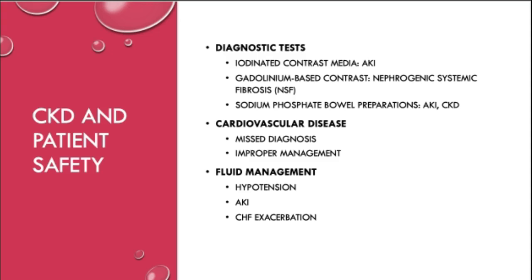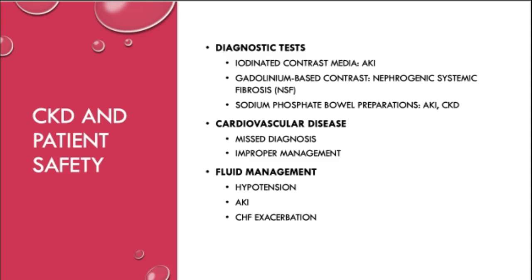We also want to make sure that we are monitoring these patients for cardiovascular disease. And we talked about this earlier. One thing in particular that I notice a lot in the hospital is that these patients do not always have chest pain. They might have some other symptom, maybe some acute back pain or a headache, or one really interesting patient I had just had hiccups and could not get rid of the hiccups, but never had chest pain.